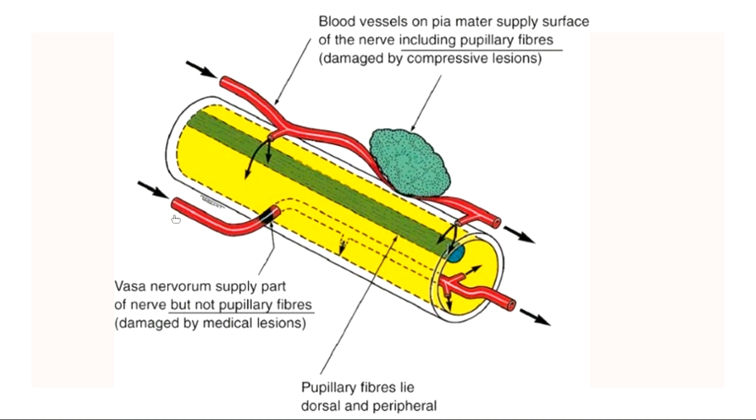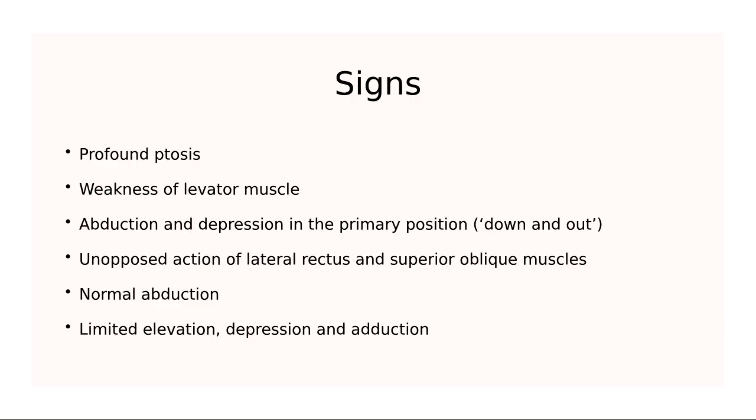However, when you have diseases such as diabetes and hypertension, then these are going to be affecting the vasa nervorum that do not supply the pupillary fibers. So you'll have a pupillary sparing third nerve palsy.